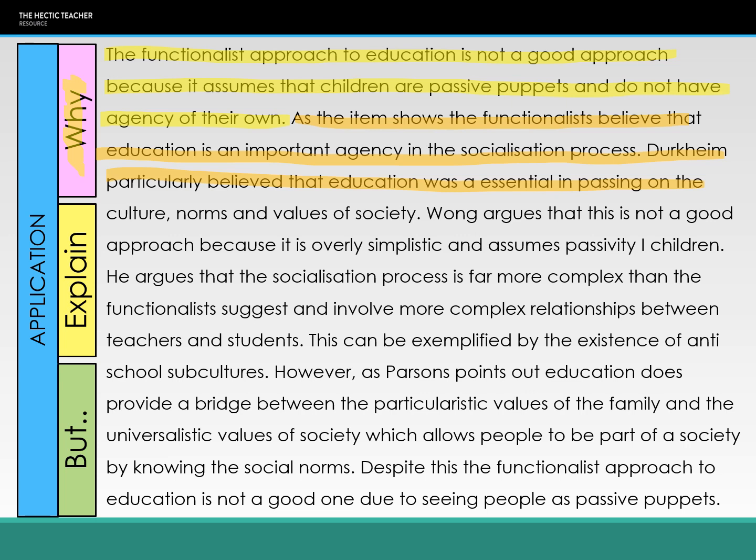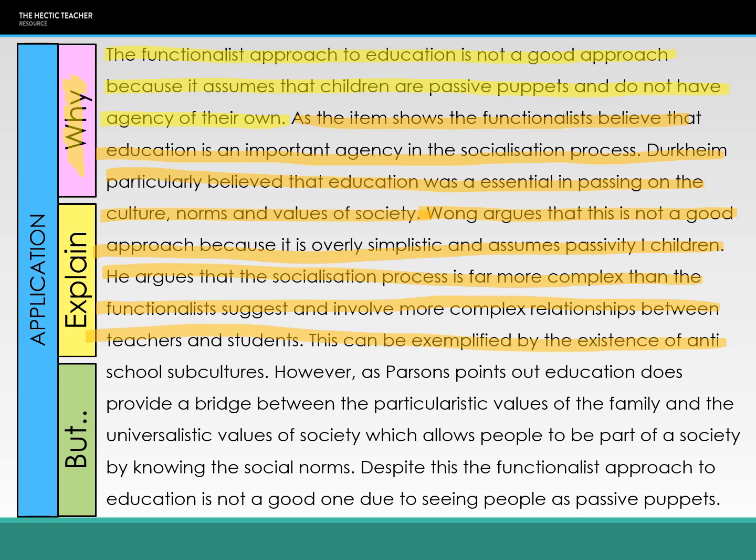You can read this. So I've identified the functionalist belief, and then I've said why this is a bad thing, why this is not a good theory.